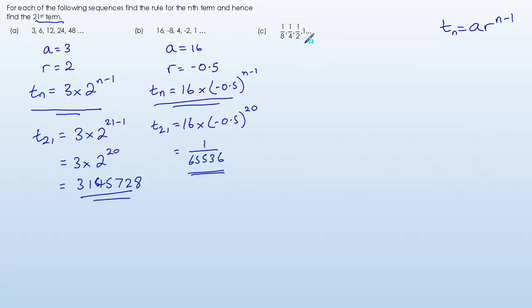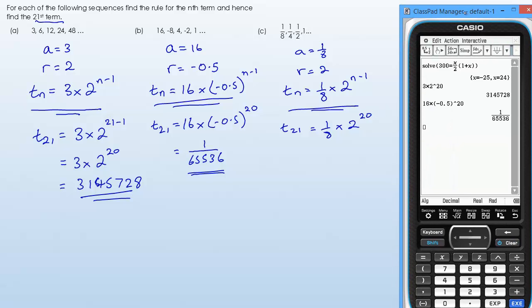Now let's go to this last one. We'd identified that A was 1/8 and that R was equal to 2. So Tn is going to be 1/8 multiplied by 2 to the n minus 1. So T21 is going to be 1/8 multiplied by 2 to the 21 take away 1, which is 20.